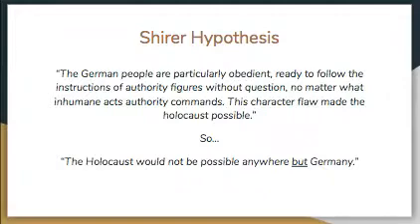In essence, the Shirer Hypothesis, which is believed by a lot of people in the years after the Holocaust, is that the Holocaust would not be possible anywhere but Germany, because it's this unique German character of obedience that made the Holocaust possible. And what Milgram wanted to do is test this hypothesis and find out whether the Holocaust could happen other places other than Germany, or whether it was just specifically a German thing.